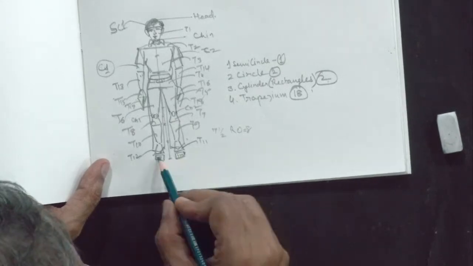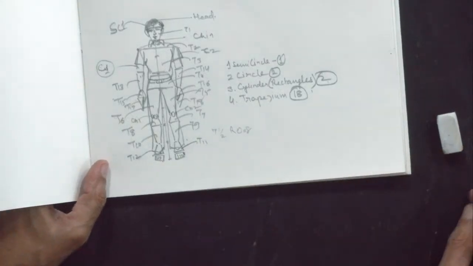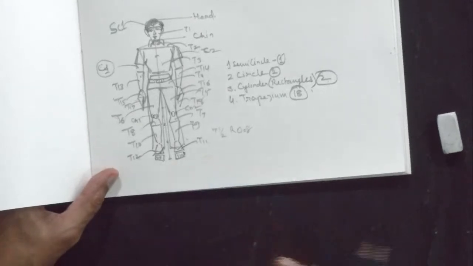Some may count this as trapezium, so that will become 20. So those are the digits.